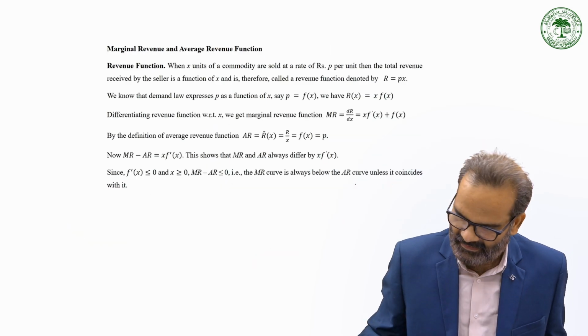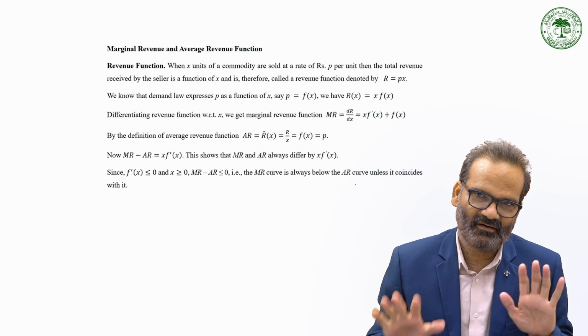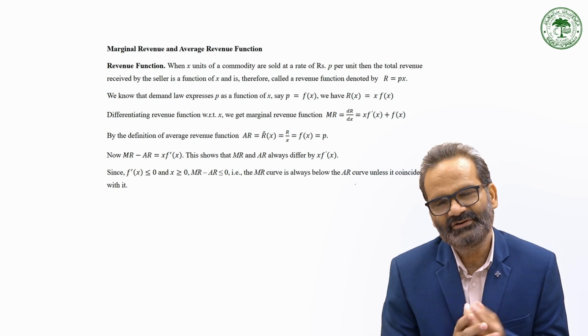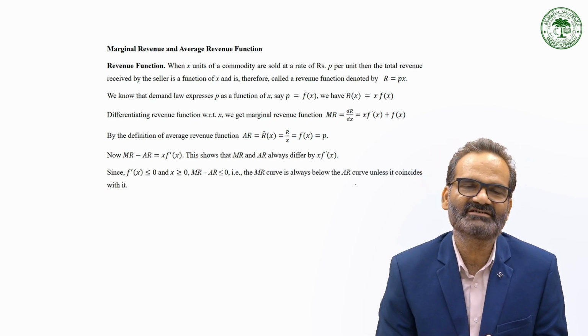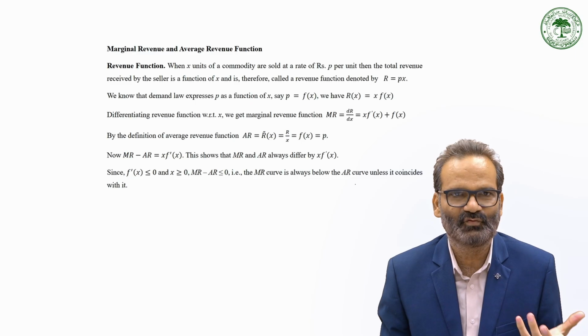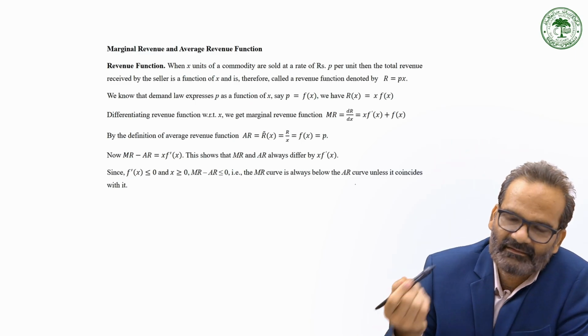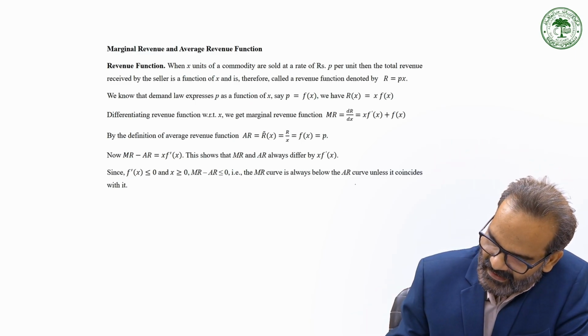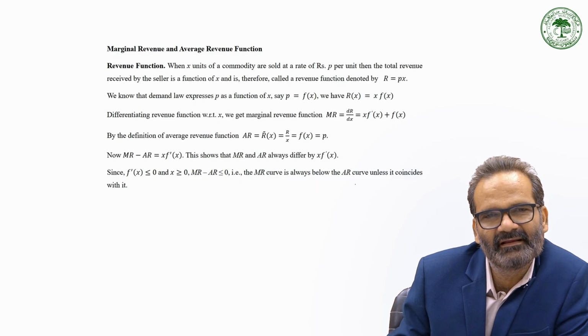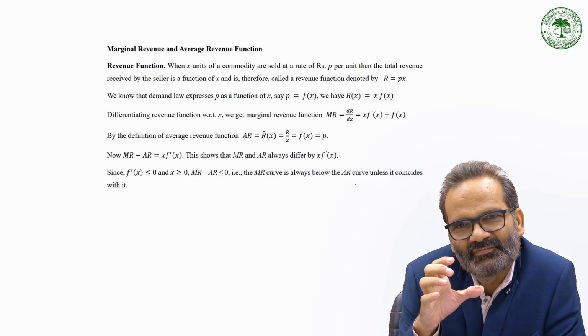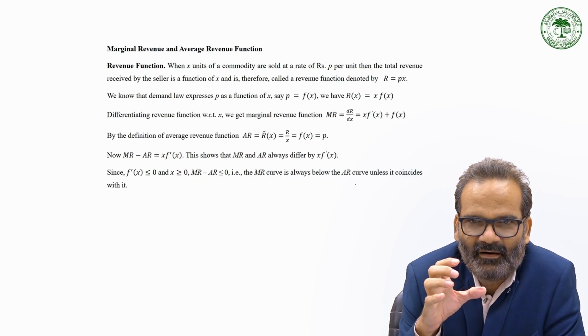After having the idea of the cost function, I have told you the second important function is the revenue function. And we have discussed in the very beginning that 2 kinds of cash flow we can talk about.